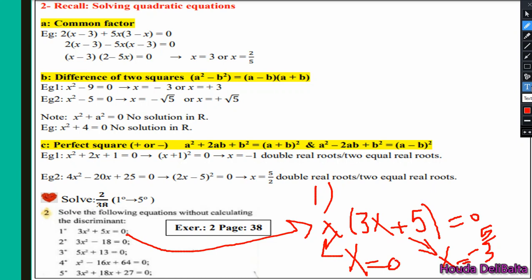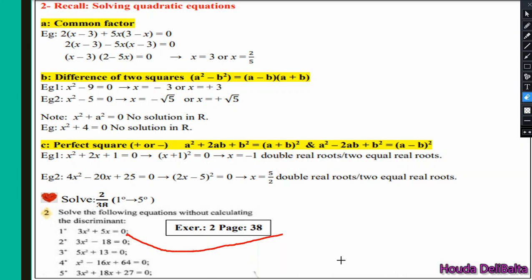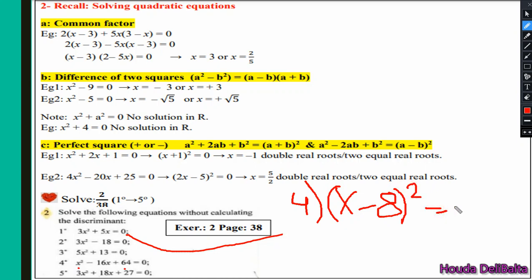Now let's solve part 4. We can solve it applying the identity, looking at the extremities. I have x squared and 64, then it's definitely x minus 8 squared equals 0.